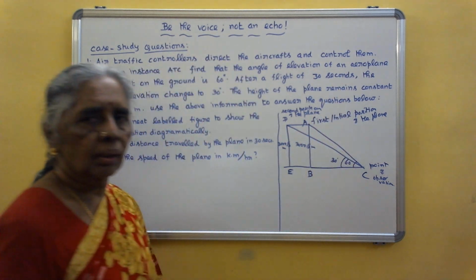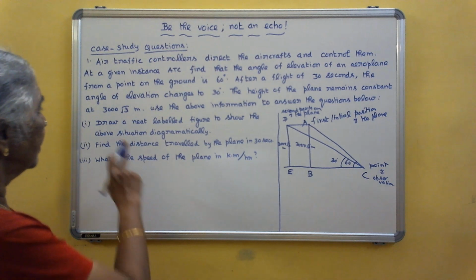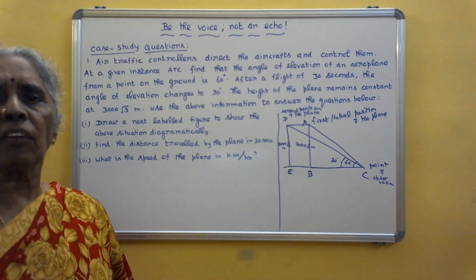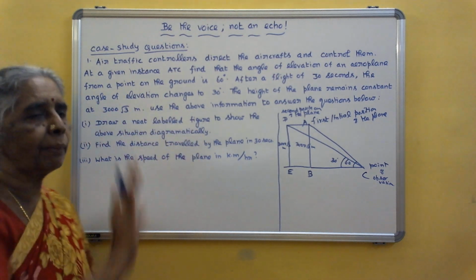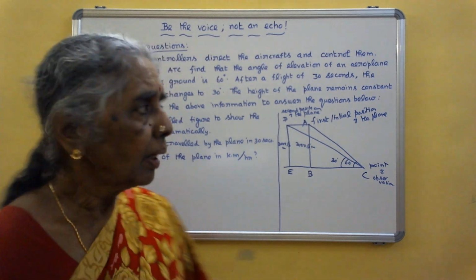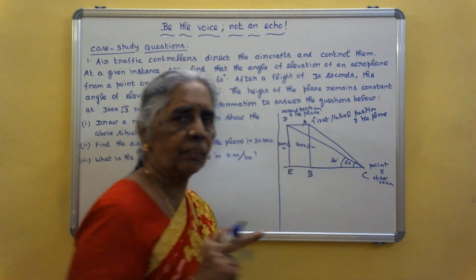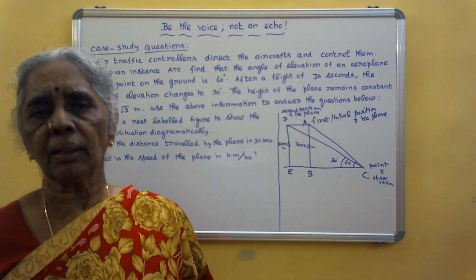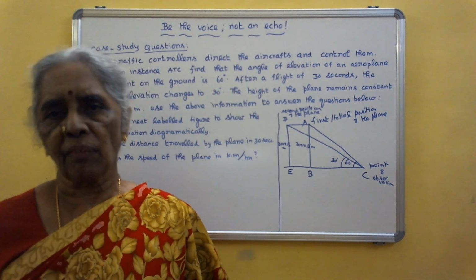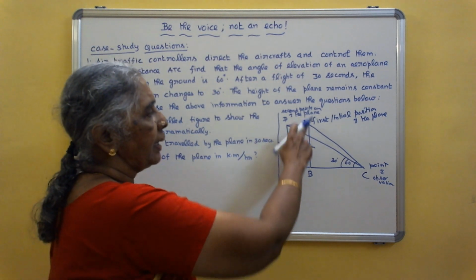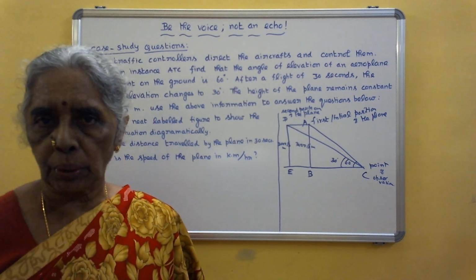So now, the first question is, draw a neat labeled figure to show the above situation diagrammatically. You can write it also, no? A is the first position, initial position. After 30 seconds, let D be the position of the plane. You can write AB is equal to 3000 root 3.